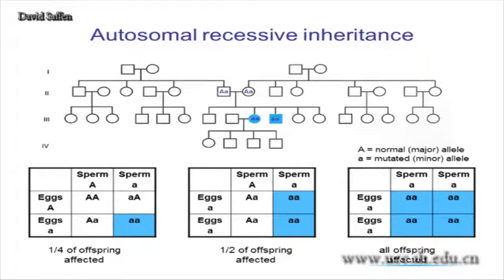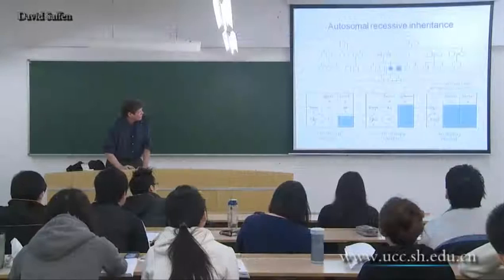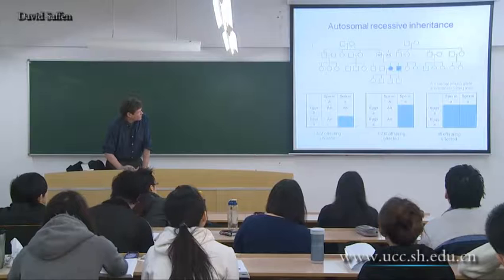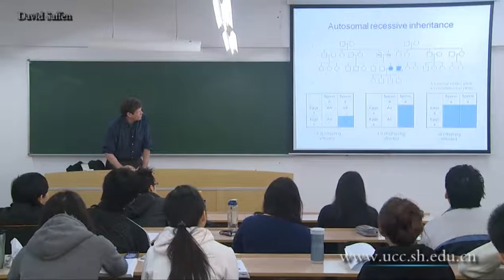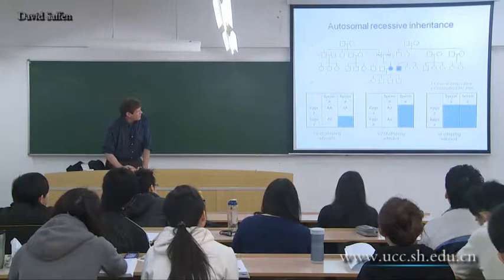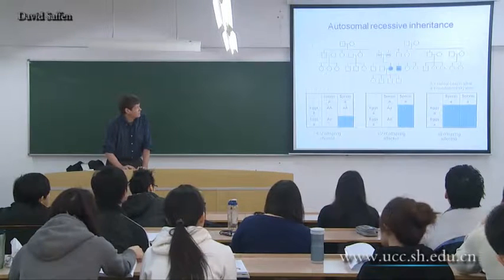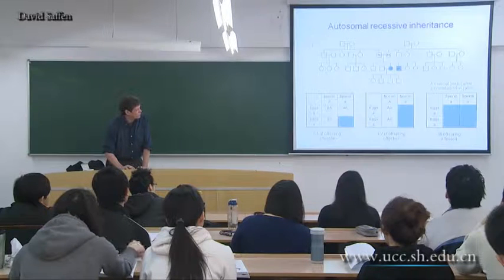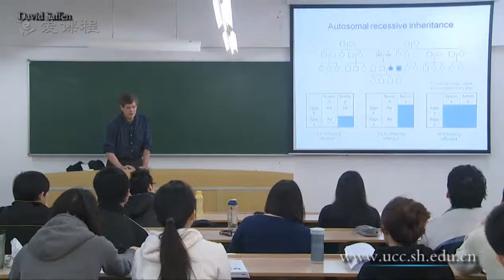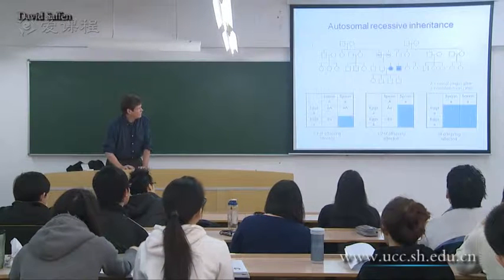Okay, so the next pattern is the autosomal recessive inheritance. And here, what you see is, here are two probands that, since we know this is a recessive trait, they both must carry the mutated form of the gene. And from the fact that neither parent is affected, we can deduce that they must have this genotype, or it's possible that these are de novo mutations, but since there are two within one family, it's more likely to be inherited.